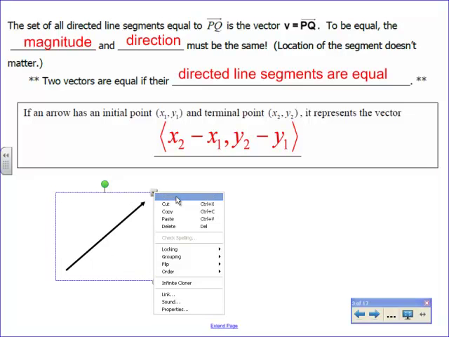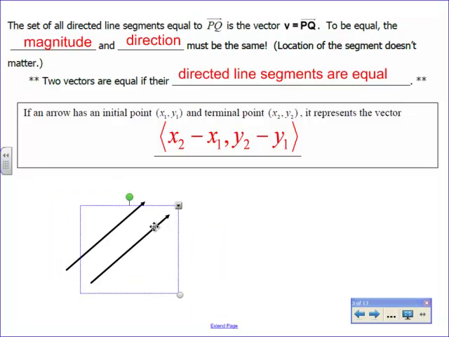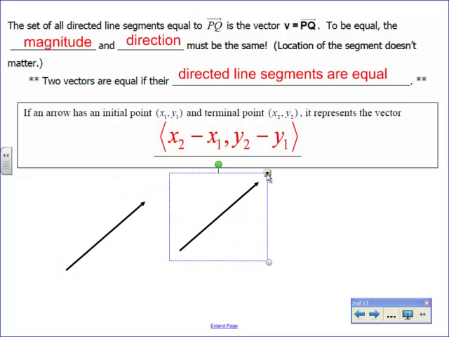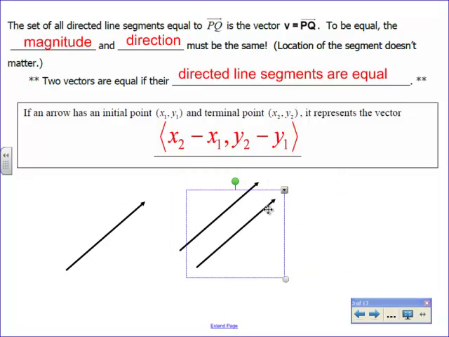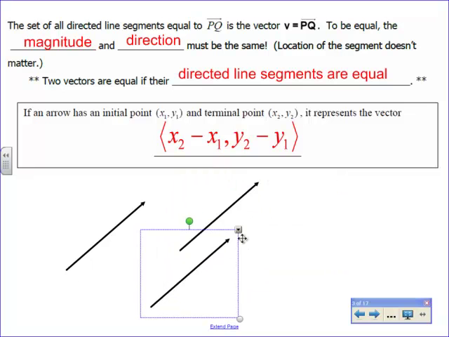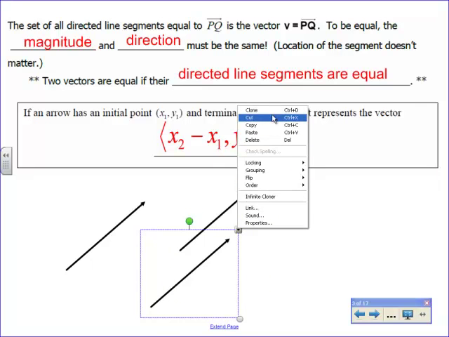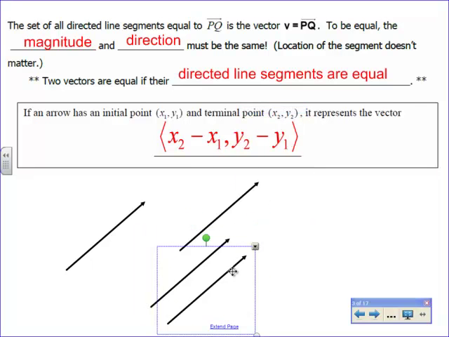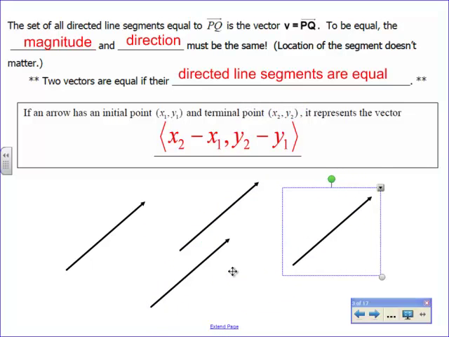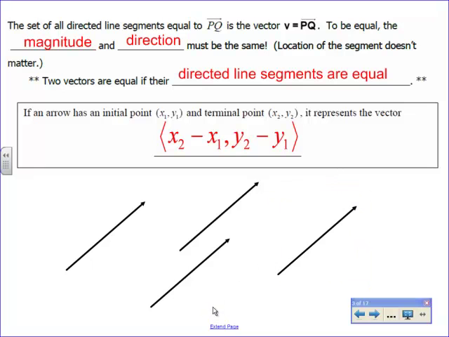If I start copying this and moving it around wherever I want, because they still have the same direction and the same magnitude, all of these vectors would be considered equivalent. So two vectors are considered equal if their directed line segments are equal.